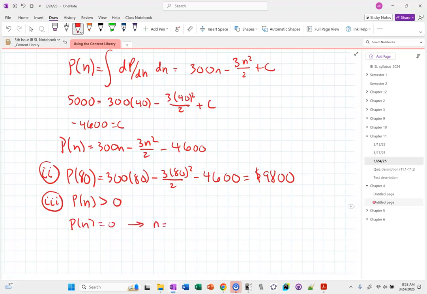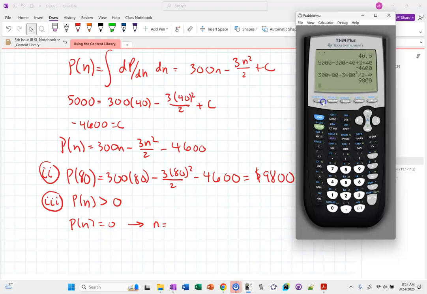Now I could do that by hand, it's a quadratic, or I could just graph it on my calculator and find the 0. That's probably what I'm going to do. Or I could use the quadratic formula, whatever, a bunch of ways I could do that. Now, I know from given information that that number of chairs has to be less than what value?